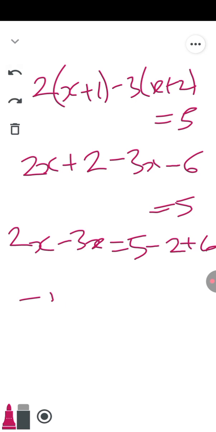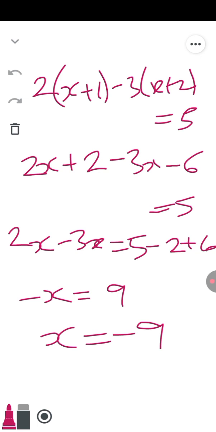Minus x is equal to 5 minus 2 plus 6, that's 9. Is that okay? So what is x now? X is minus 9. I'm looking for x, not minus x. So x is minus 9. Is that okay now?